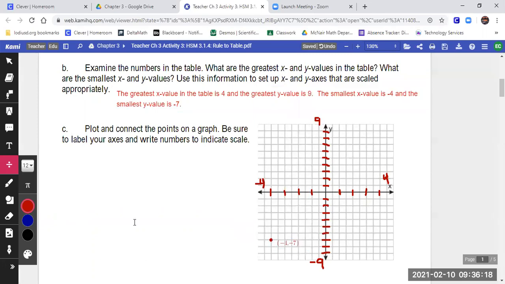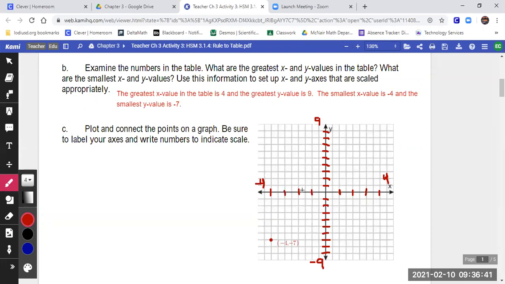Okay, then we have to go to get the next one. What's the next coordinate? -3 what? What's the next coordinate? (-3, -5).